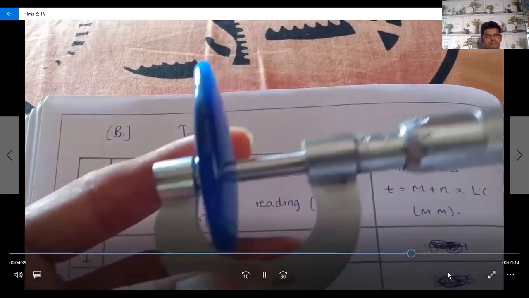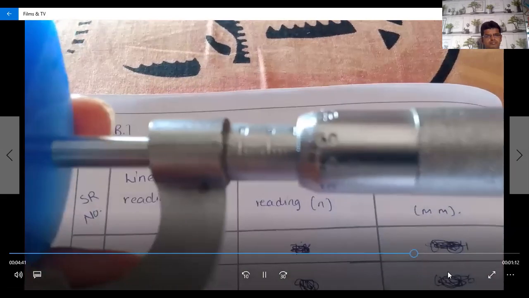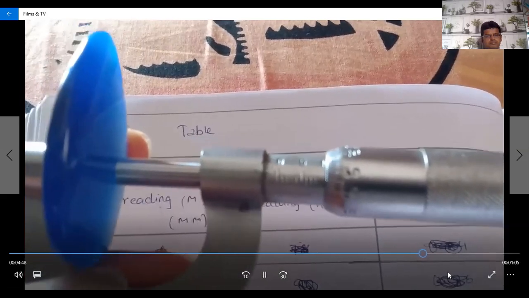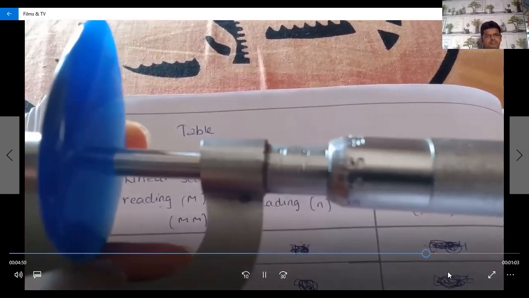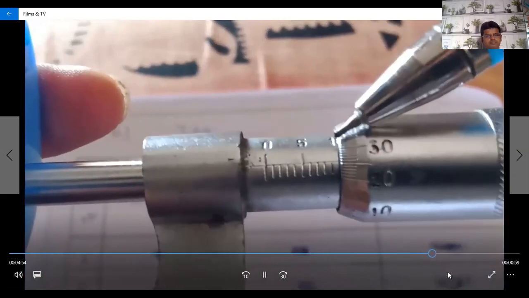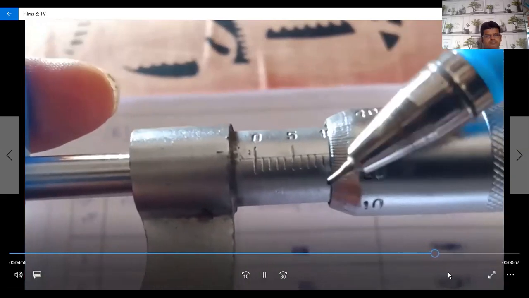Okay, so now after we put it here, first we want the value of the main scale. The main scale value we can see in the main scale area. So now we are showing here the main scale, and it is 10.